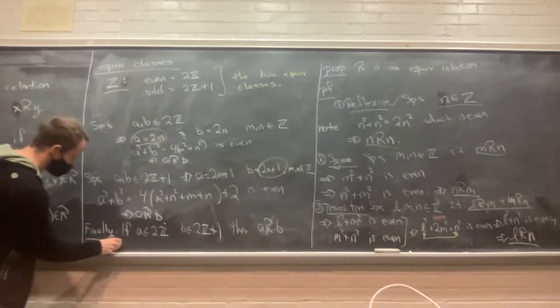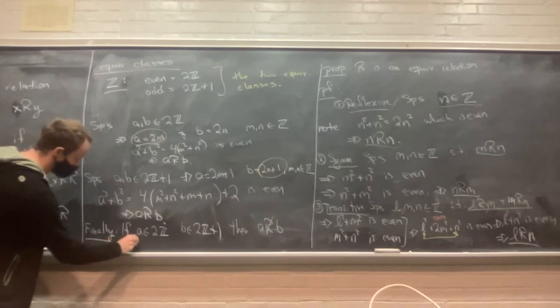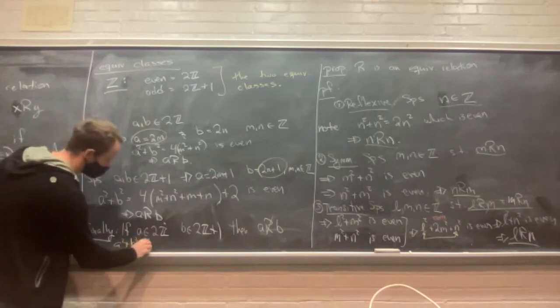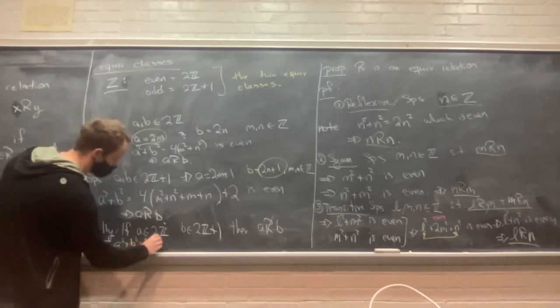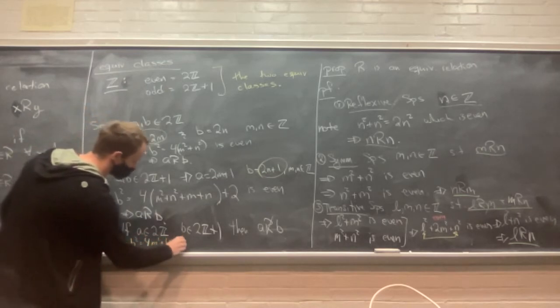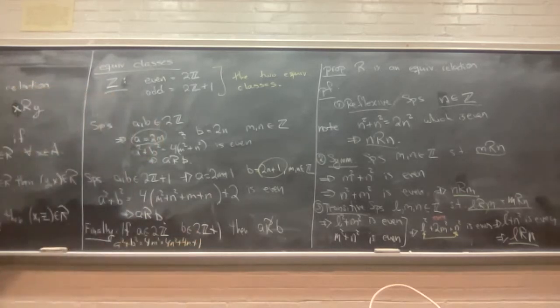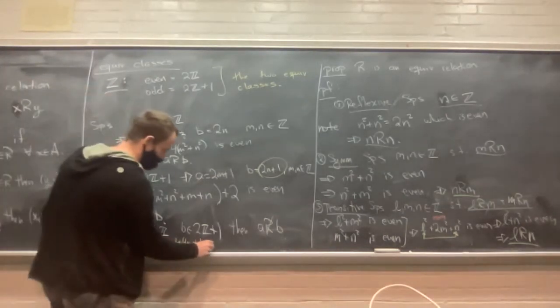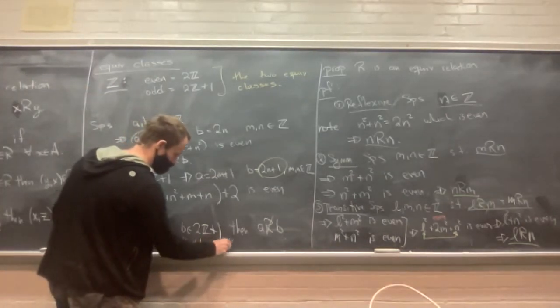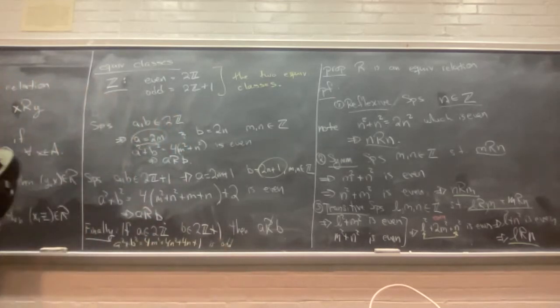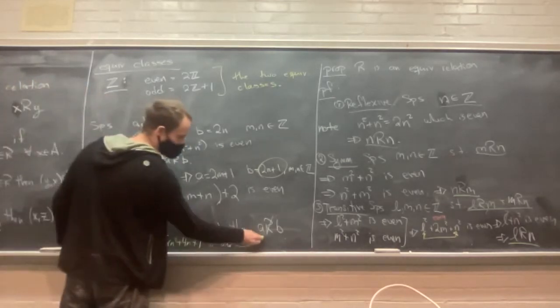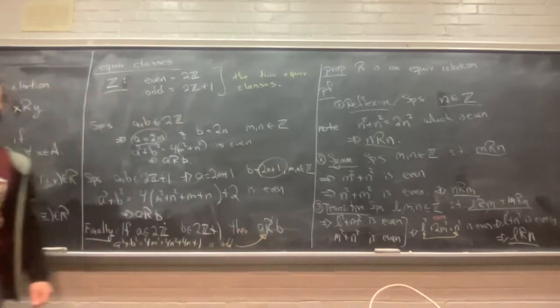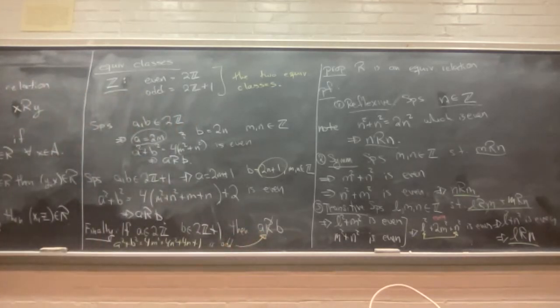But then that means that A squared plus B squared looks something like 4M squared plus 4N squared plus 4N plus 1. You only get a plus 1, right? But that's odd. But that's exactly what you need for this to not be related. Okay. So does that seem okay? So that means we've got two equivalence classes. Yeah.